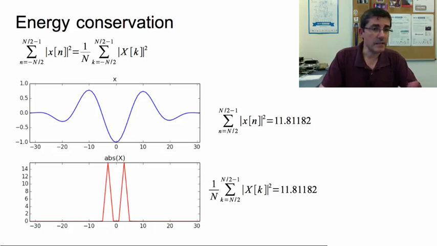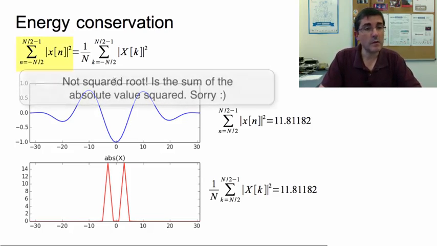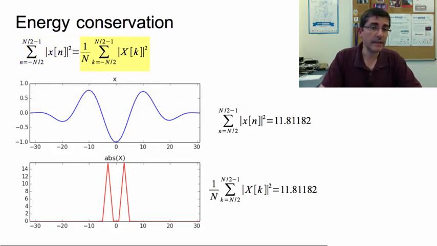The energy is defined as the sum of the square of the absolute values of a signal. And in the frequency domain, if we take also the absolute value squared and sum it, and if we just add this normalization factor by dividing over N, we get the same value.